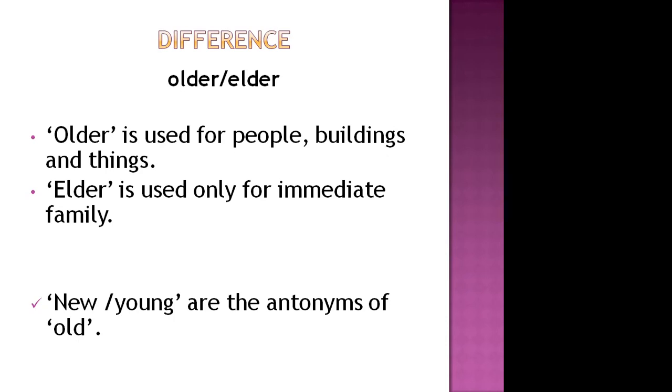Now, new and young. New for old things, old buildings, and young for age, old people. Elder also has the antonym young, younger and elder. So new and young are antonyms of old.